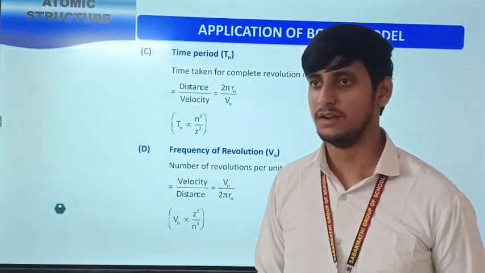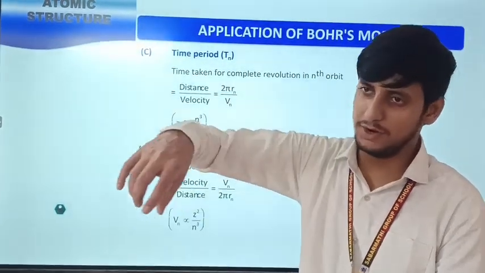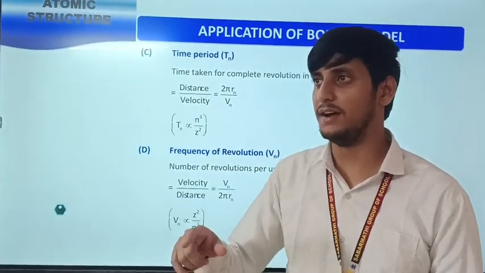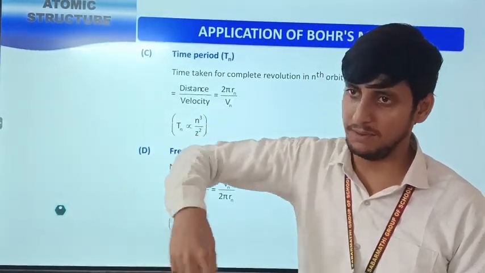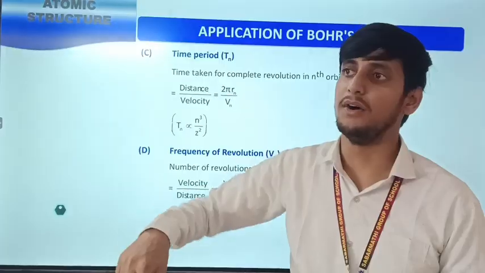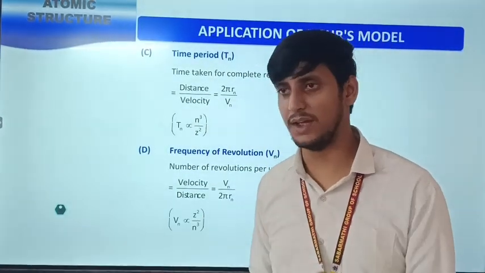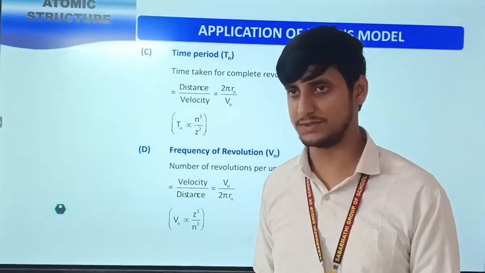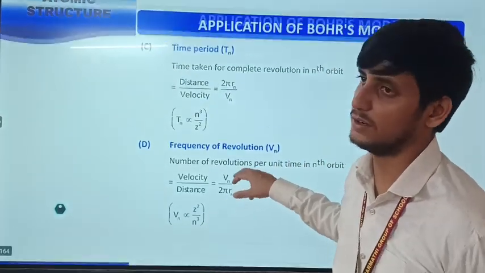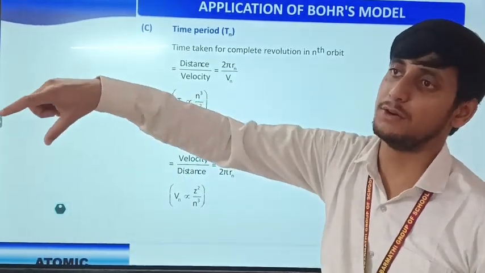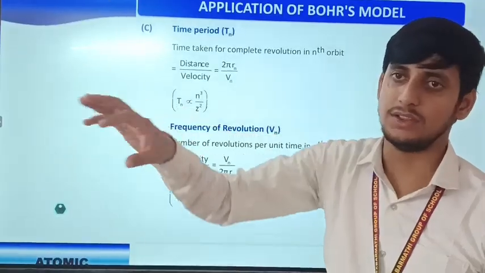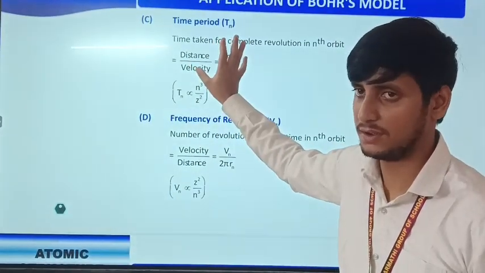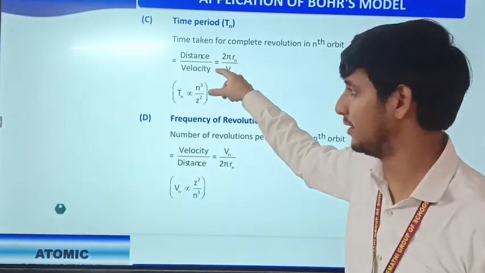The rotation of Earth on its axis is 24 hours, and the time period of Earth is 365 or 366 days. It means Earth completes its revolution around the sun in 365 days. That is called the time period of Earth with respect to the sun.